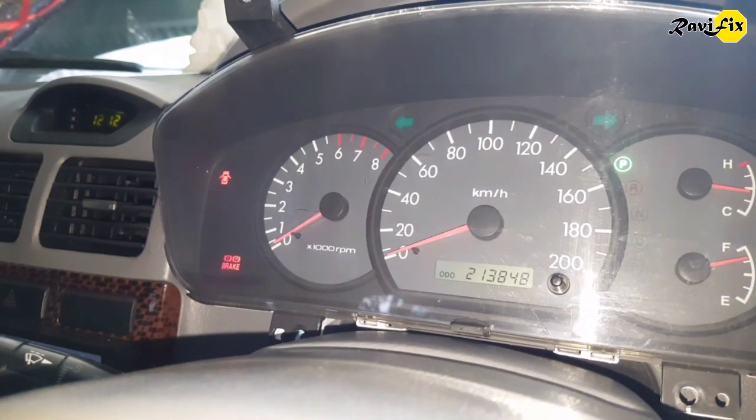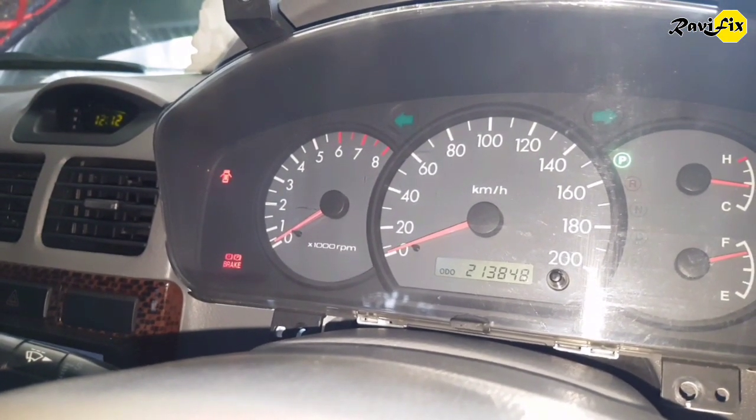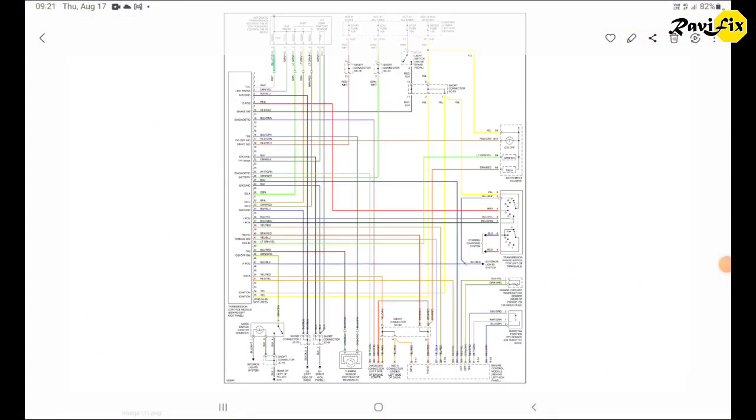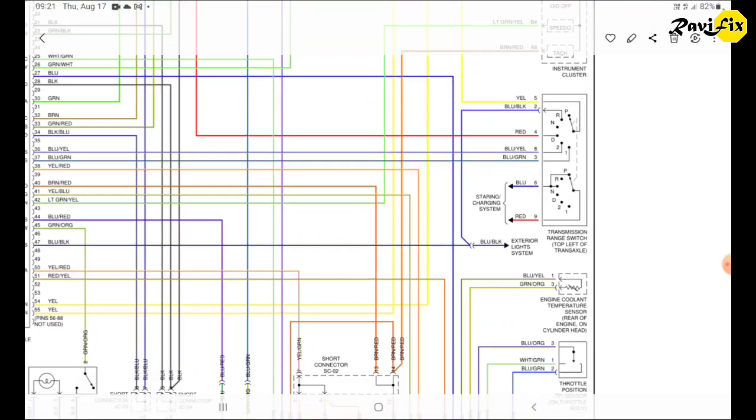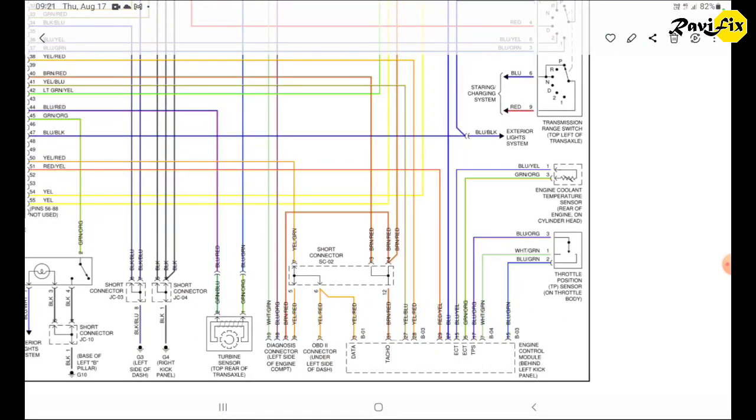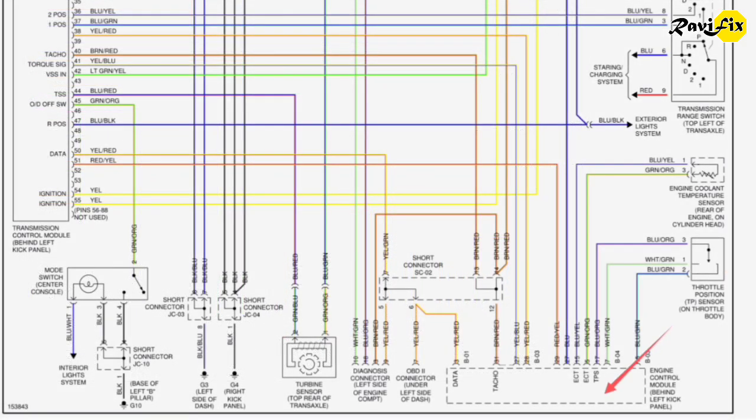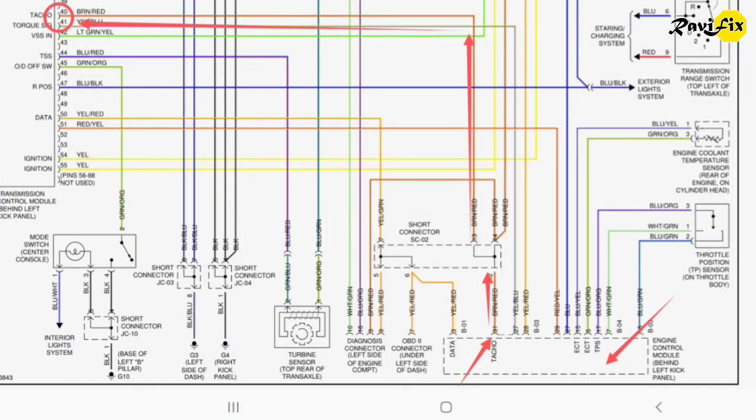Let's go to the wiring diagram and see the schematic of how the RPM signal is distributed. This is the wiring diagram of the TCM in this specific car. This is the engine control module and this is the tacho signal, which is the engine RPM signal. These lines bring the RPM signal into the transmission control module. This engine speed signal wire is connected to pin 40 at the transmission control module.